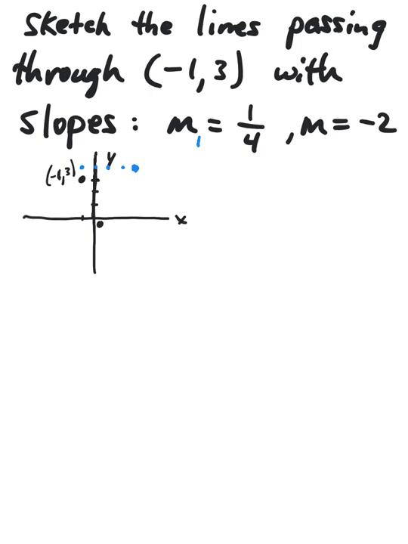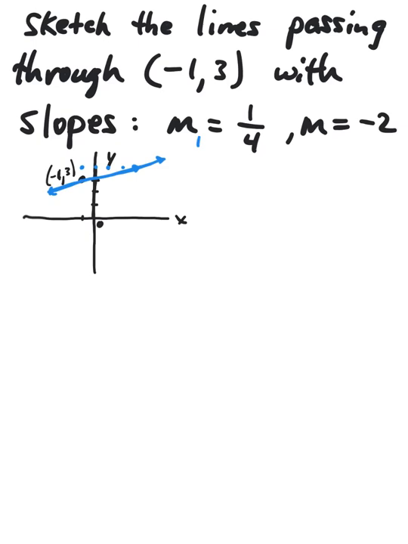So from the point labeled, if you move up 1, that's the vertical change, right 4, that's the horizontal change. When you connect these two dots, you will have the graph of that first described line.